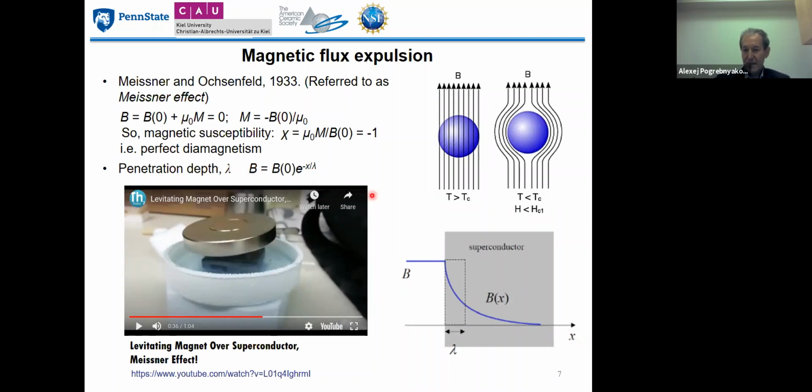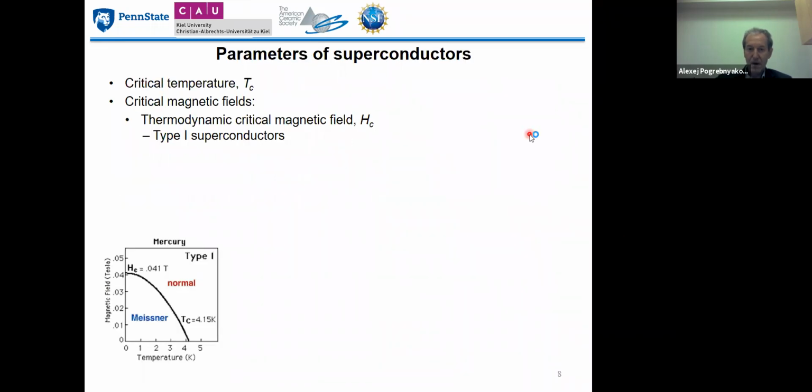And so at this surface layer, there is a current, a normal current, that creates a magnetic field that exactly cancels the magnetic field from the external source. And that's how the magnetic field inside the sample becomes zero.